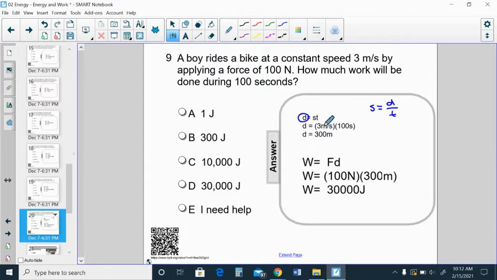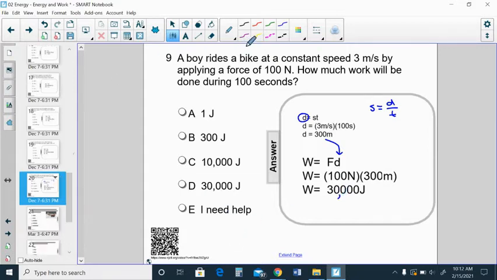We're given 3 meters per second, and then 100 seconds gives you 300 meters, which you can then substitute in for the displacement, giving you 100 newtons times 300 meters, gives you that 30,000 joules. So just be careful when you see what is given that you need to think about, is there still a way I can figure out what I need for the equation?